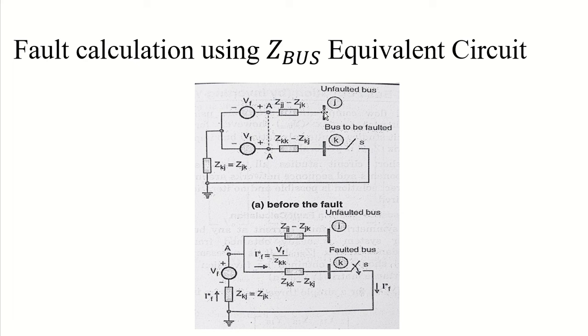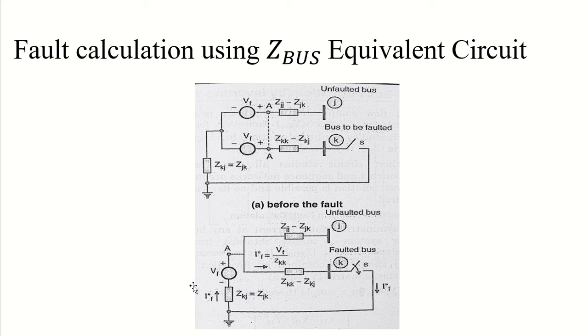See here, we have VF here, so VF into ZJK, because half of the current got here, ZKK. The impedance associated with my jth bus will be ZJJ, so it will be VF into ZJK divided by ZKK, right?